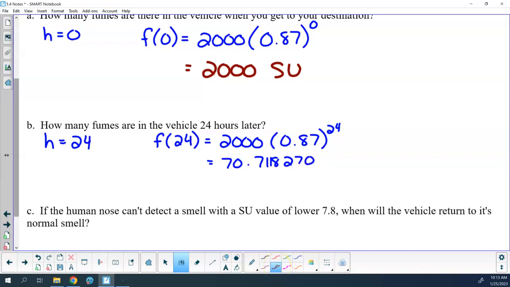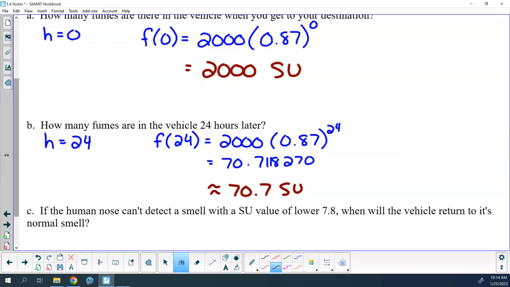So I would say that there is approximately 70.7 Stanky units left in the vehicle. Agree? Okay.